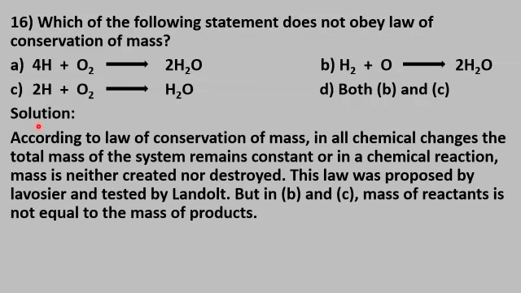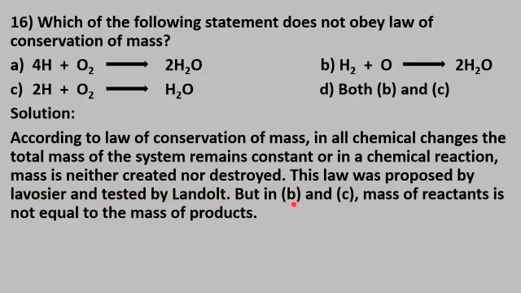Solution. According to law of conservation of mass, in all chemical reactions, the total mass of the system remains constant, or in a chemical reaction, mass is neither created nor destroyed. This law was proposed by Lavoisier and tested by Landolt.